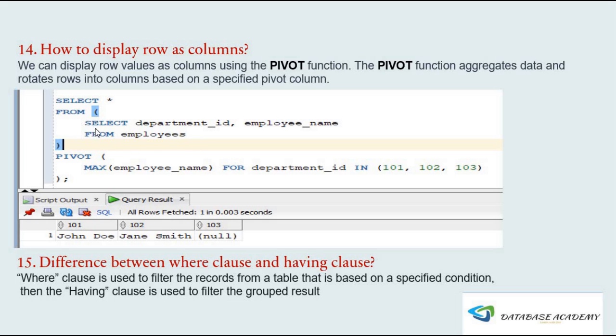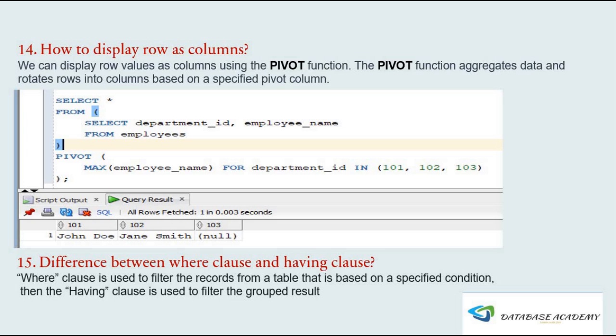This is like an inner query, select department ID and name from the employees, and on top of that we are using pivot and saying max employee name for department ID 101, 102 and 103. When we execute this select statement, we get the employee name based on the department ID which we have mentioned here. So 101 John, 102 Jane and 103 is null. This is how we can convert rows into columns.